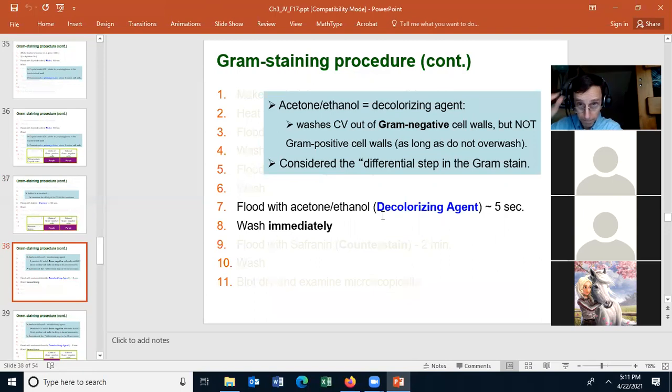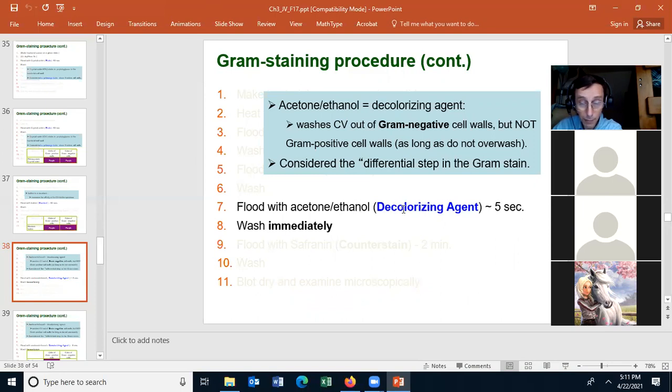In the last lab you had, it had a different decolorizing agent, which was just ethanol. And they treated it for a longer period of time than we treated. So when you're applying the decolorizing agent, if it's acetone and ethanol, you only apply it for about 5 seconds.